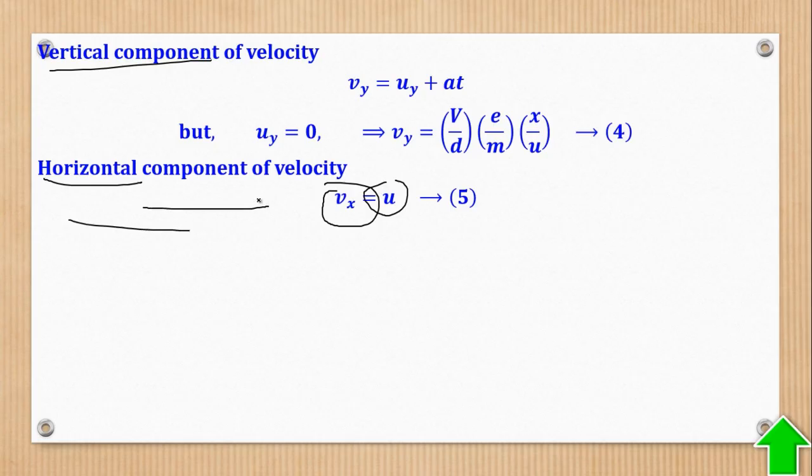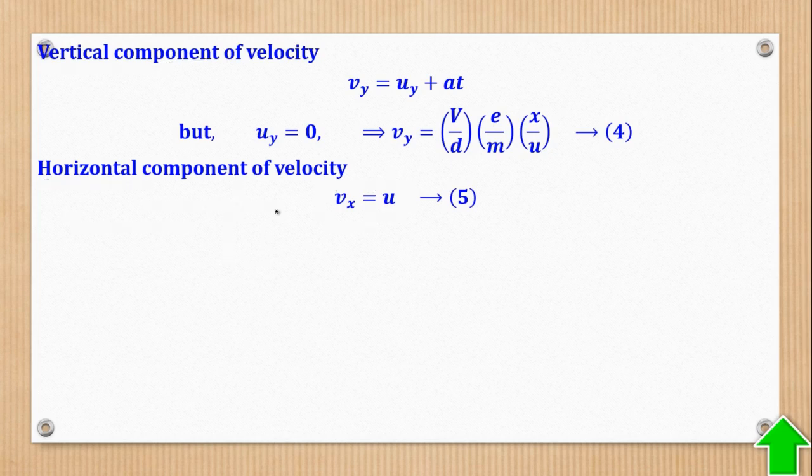Why? Because it is not affected by the force. That is why it is U. Vx will always be equal to the initial velocity. Remember, initially it was entirely horizontal. That is why we are saying Vx at any time t is equal to the initial horizontal velocity.